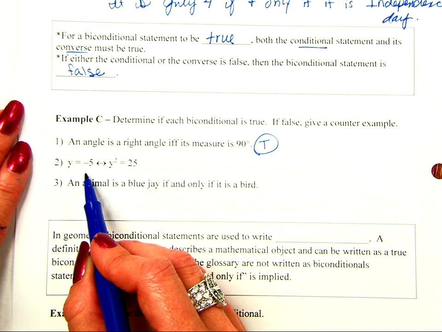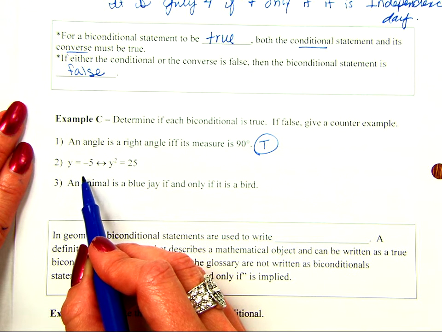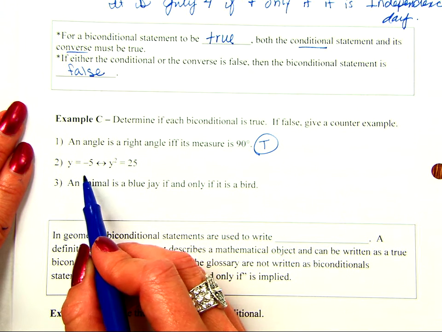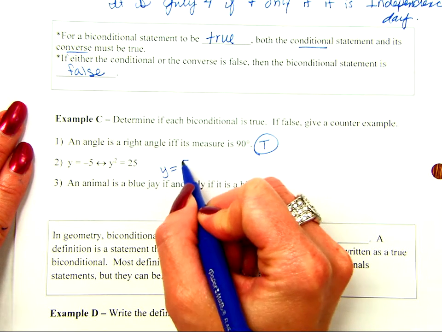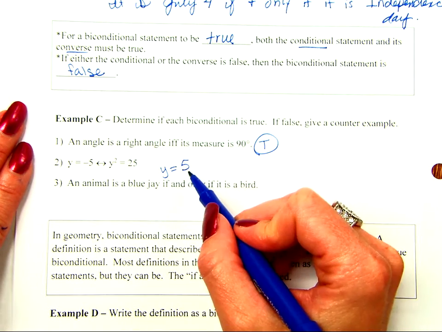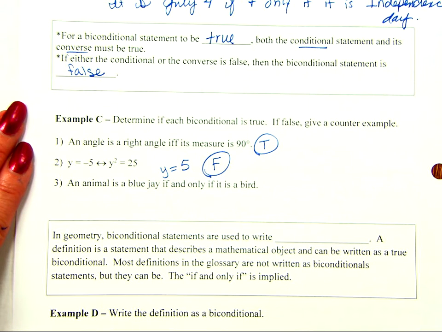Now in this case, that is true, but there are other cases that would work as well. So it's not for sure that y is negative 5, because y could also be 5 and that would still work. So y equaling 5 is my counterexample, which means this is going to be a false biconditional. It does not hold true 100% of the time.